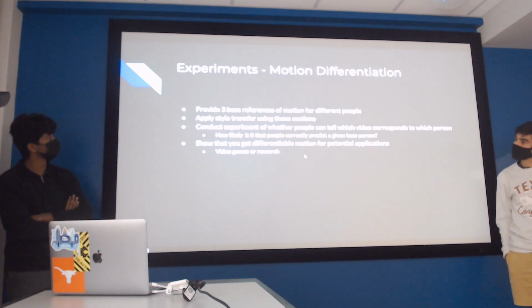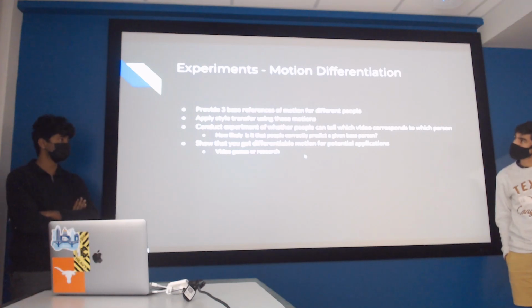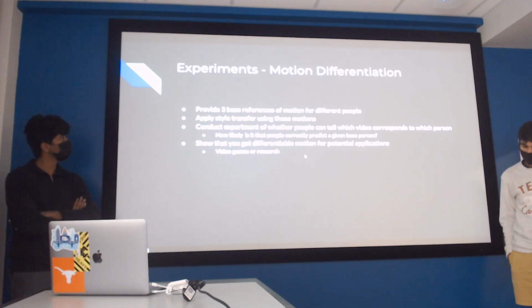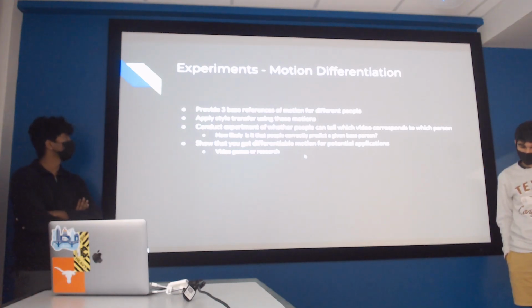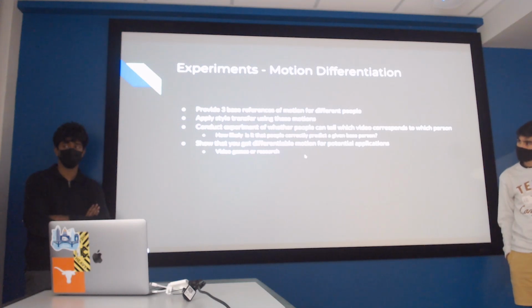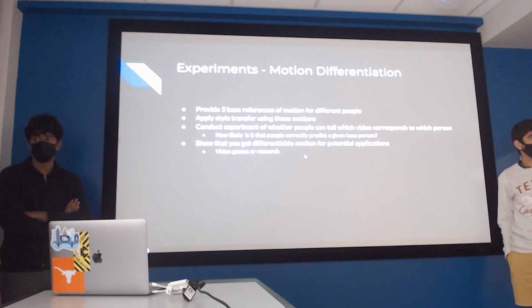Yeah, so this is going over that, where you provide 3 base motions and apply those as styles upon a variety of base motions that do different basic movements, and then ask a bunch of participants to tell who is who, if you give them the references of the person. And if it's a good model, then you'd actually be able to tell that it's that person.